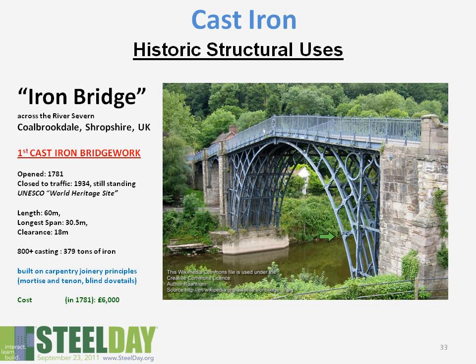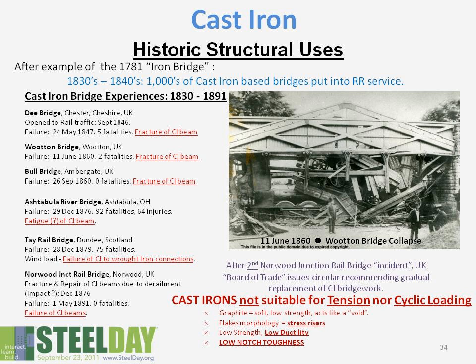This bridge's success probably relies upon the fact that it was built using carpentry principles. Basically what they did is they mirrored what they had been doing in wood using cast iron. Unfortunately, cast iron, as we talked about, has some undesirable properties from a structural engineering standpoint. Again, those are low notch toughness, low strength, low ductility, and stress risers due to the graphite flakes.